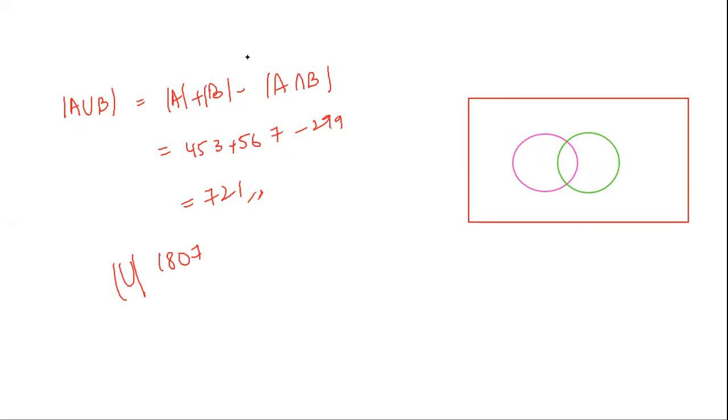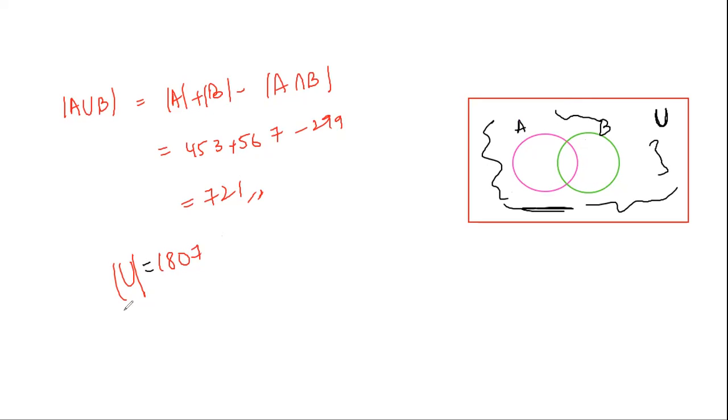If the circles that I have drawn are A and B respectively, while this is your total university students U, then we have to find this part. The ones who are not taking the course either in computer science or in mathematics. So this blank part, leaving the circles, we have to find that. So we have been given universal set 1807 and we got this entire A union B as 721.